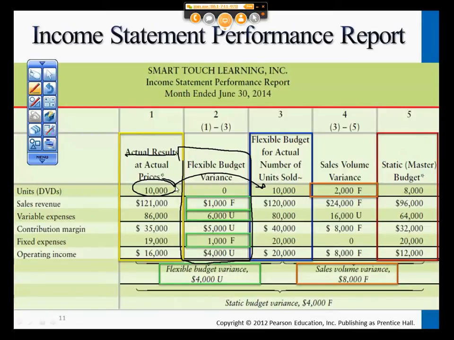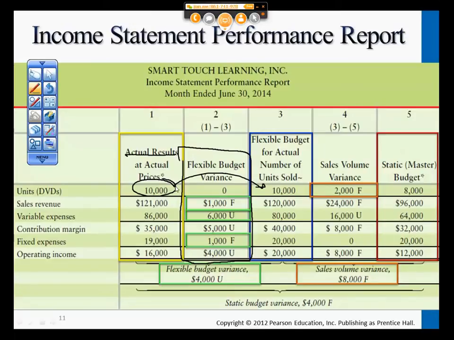Is this change in sales revenue favorable or unfavorable? If my actual results for sales revenue were greater than the flexible budget results, that's a good thing, right? So it's a favorable number. And just like that, going down the column, I calculate the rest of the numbers.